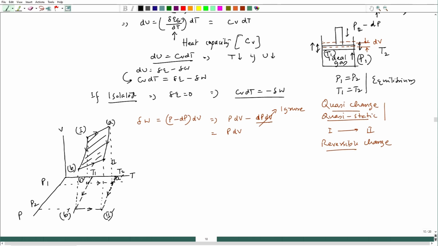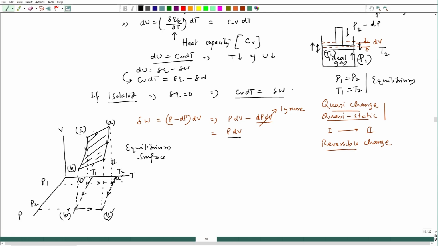That means 1 to A and A to 2, everything is happening under a quasi-static change mode, a quasi-static or reversible mode. So this will be my equilibrium surface. When we have this, then I can write del W to be P dV.